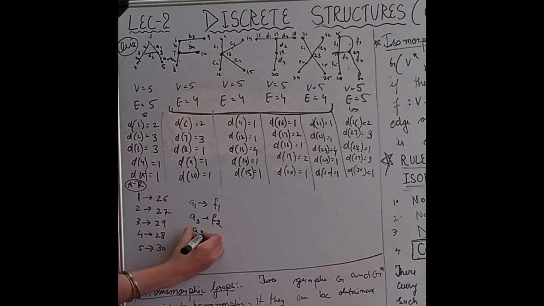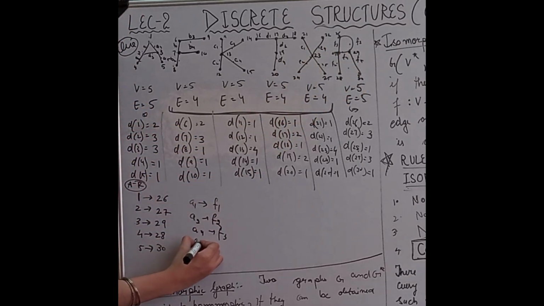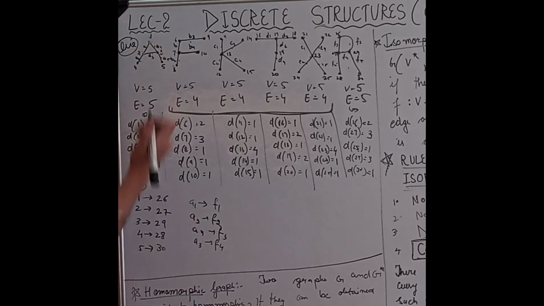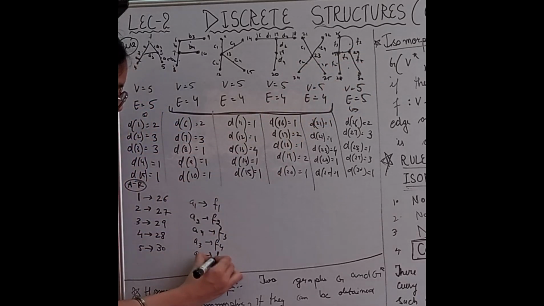So A4 will correspond to F3. Now 2 to 3 is 27 to 29, which will correspond to F4. A3 will correspond to F4. 3 to 5 I have A5, and 3 to 5 is 29 to 30, which will correspond to F5.